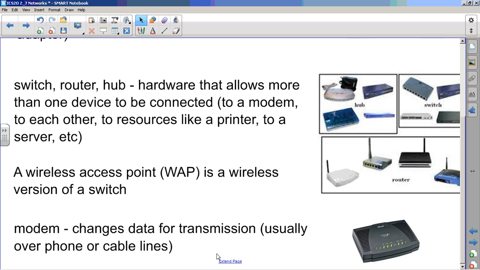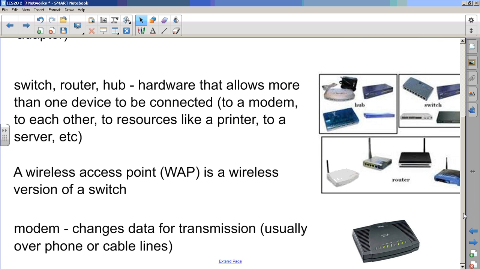If it's Rogers, it's probably a cable line, it's a cable modem that you have. If it's Bell, it'll be a telephone modem that you have, perhaps. And the modem changes the computer signals to get ready to go over the lines to wherever you're sending them, over the internet or whatever.